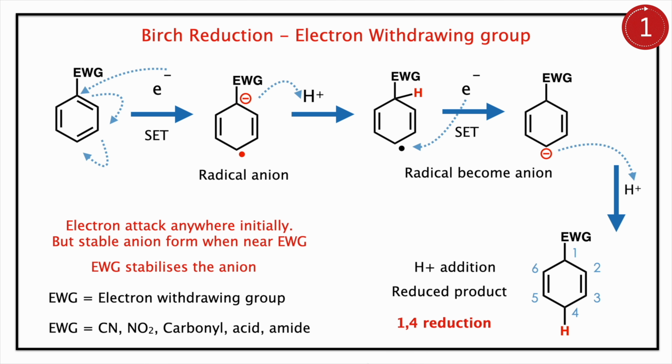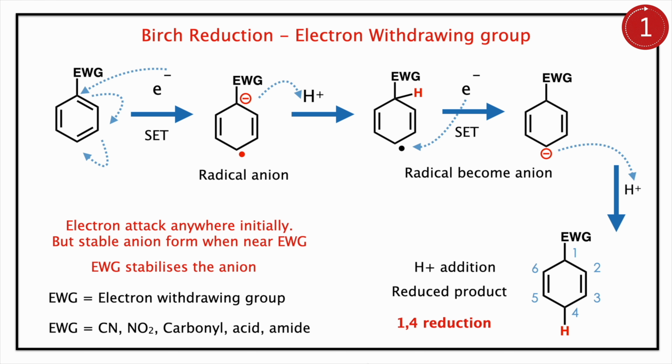Mechanism can be interesting if it is attached with an electron withdrawing group or electron donating group. First, let us see electron withdrawing group. If an electron withdrawing group is present, it can stabilize the anion. Once the electron is added, radical anion forms, but the anion forms near the electron withdrawing group.